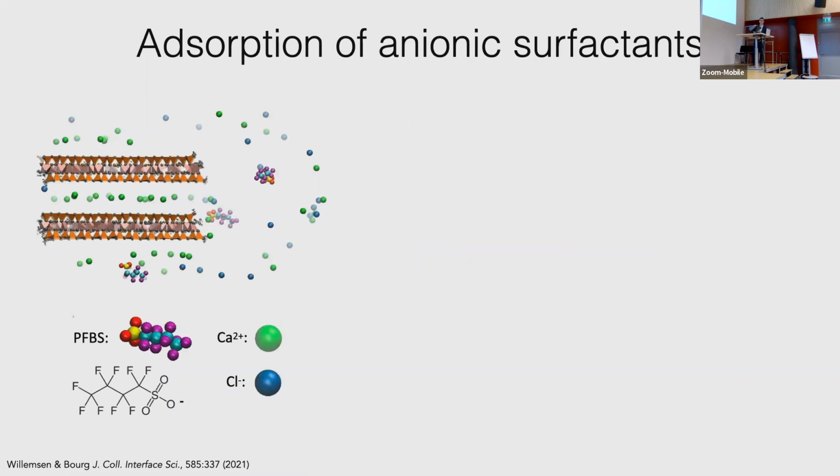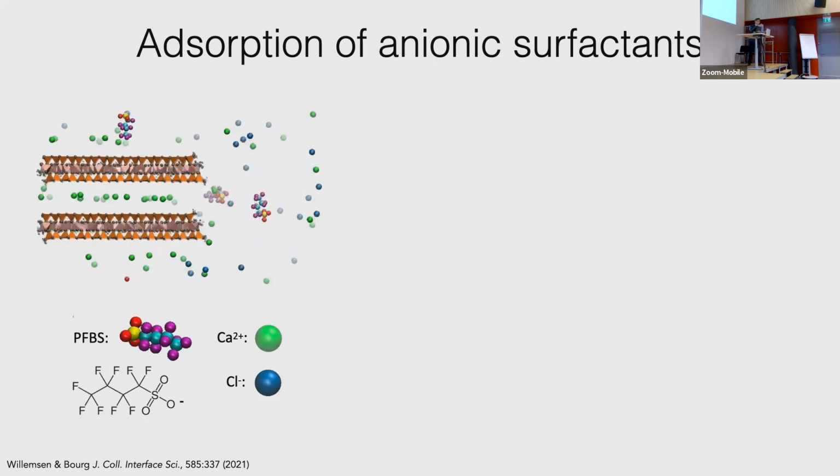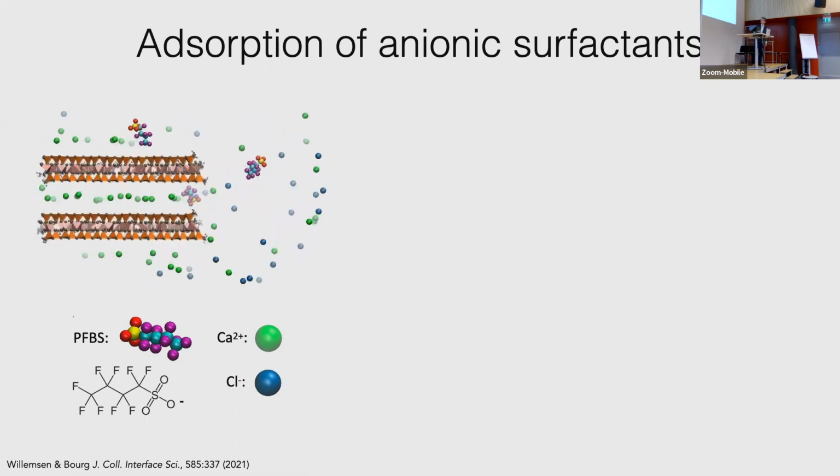I'm just going to continue on this topic for one more slide here, just to show some data on the adsorption of anionic contaminants. These are some of these PFAS substances, so perfluorinated alkyl substances. This one specifically is for a short chain one, PFBS. That's a significant concern because it's harder to remove from drinking water. We weren't expecting much adsorption because they're anionic compounds and they're trying to adsorb on a negatively charged mineral.